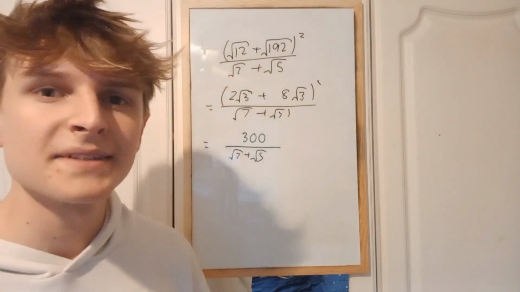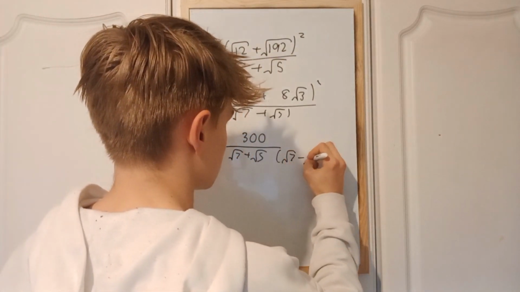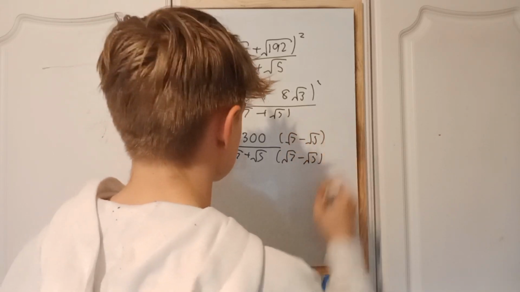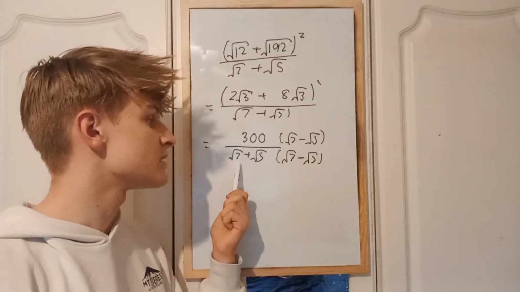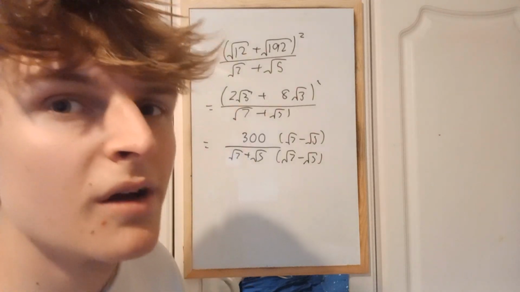And now we've got a classic situation here of rationalizing the denominator, so let's go ahead and do it. Let's use our identity, that this is going to become root 7 squared minus root 5 squared, or 7 minus 5, as it's more commonly known, which is 2.